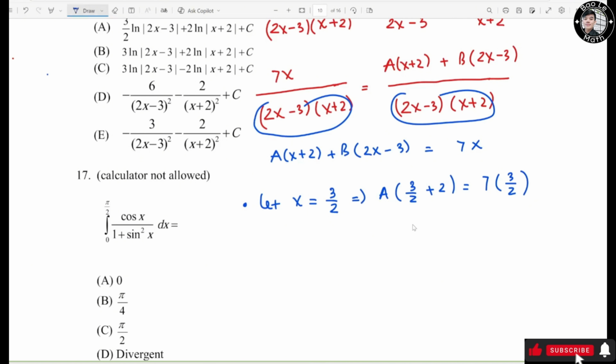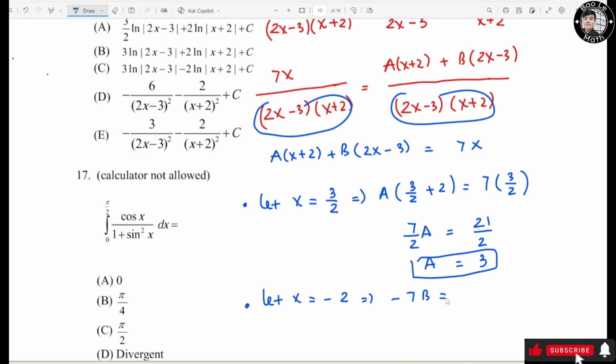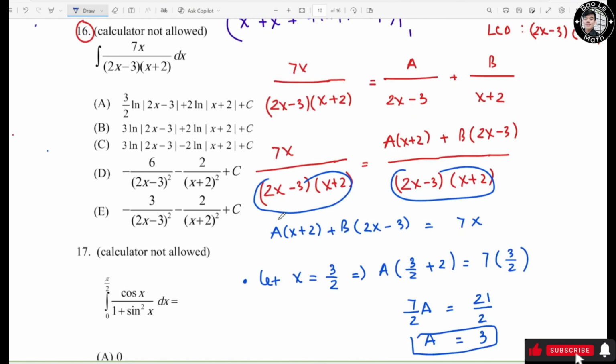So it's 7 over 2 times A equals 21 over 2, so A equals 3. Now to solve for B, we just let s equal negative 2. Then we have negative 7B equals negative 14, so B equals 2. So we go back over here: A equals 3, B equals 2.